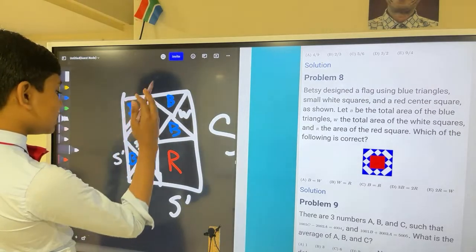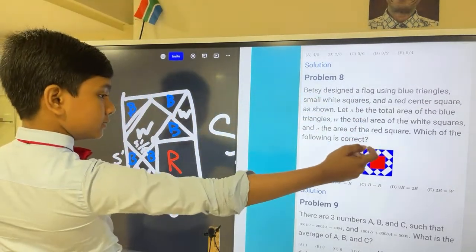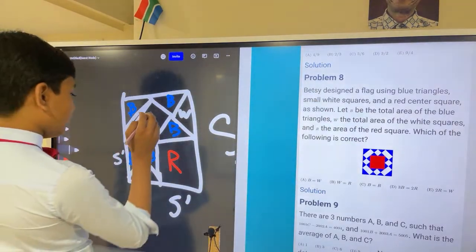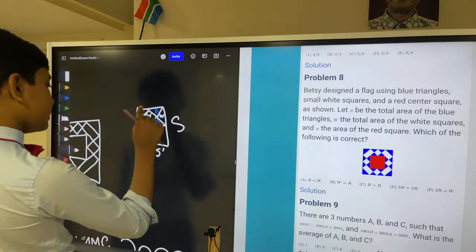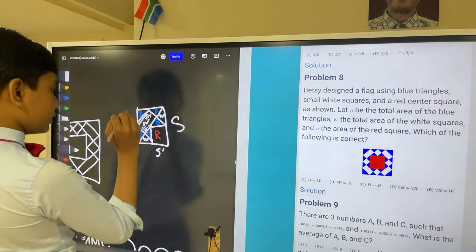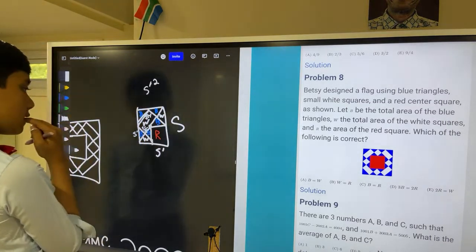And this is 2 times that. It does mention they're squares, so this must just be 2 squares stacked up. So just root 2 S prime. So that means the area of this whole segment is S prime squared.